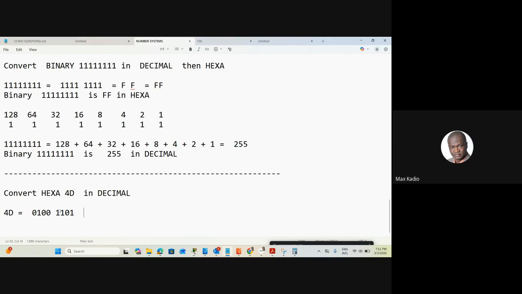When you are done, you can combine them and remove the space, and you put your answer here. Hexa 4D is 01001101 in binary. Now from binary, you go to your decimal.